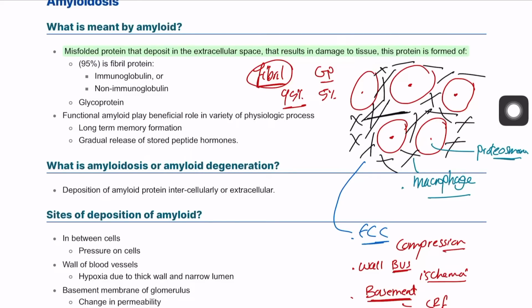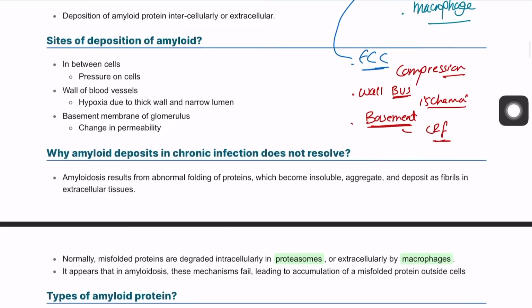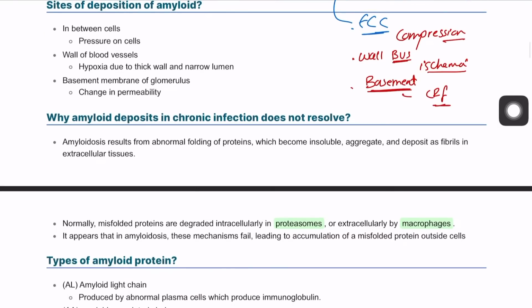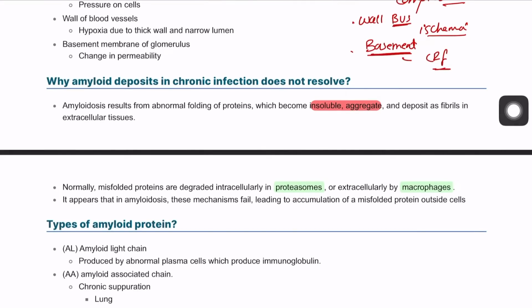However, in amyloid deposits in chronic infection or chronic inflammation, it will form some sort of aggregate or insoluble material that is very difficult to dissolve by the other two mechanisms. And sometimes those two mechanisms are not actually working, the macrophages and the proteasome.